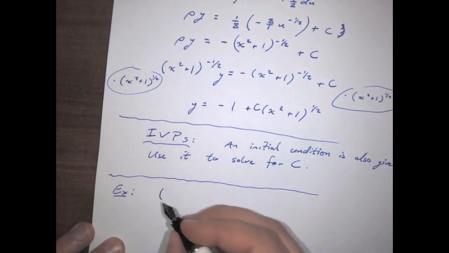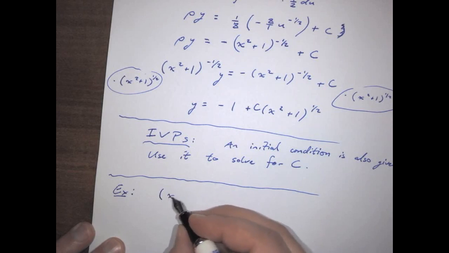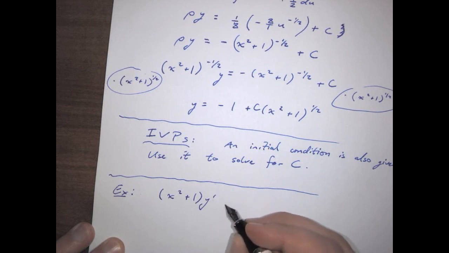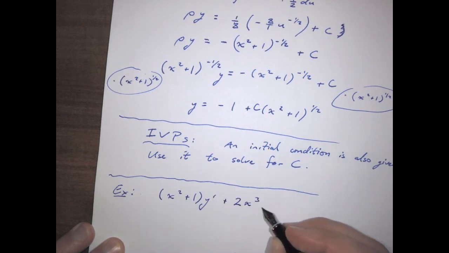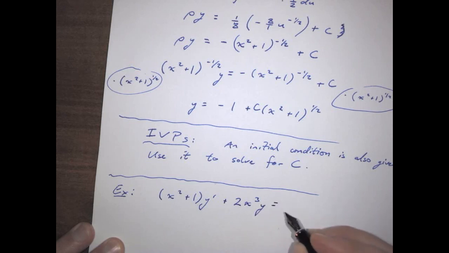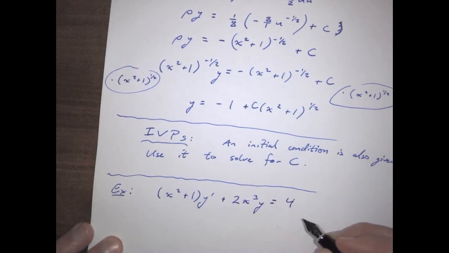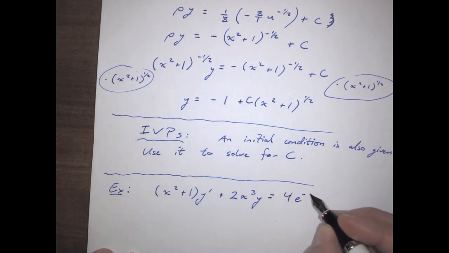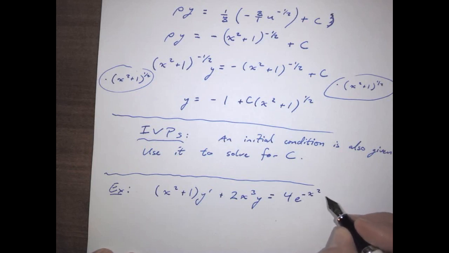Let's take x squared plus 1 y prime plus 2x cubed y is equal to 4e to the negative x squared, and an initial condition of y naught equals 1.